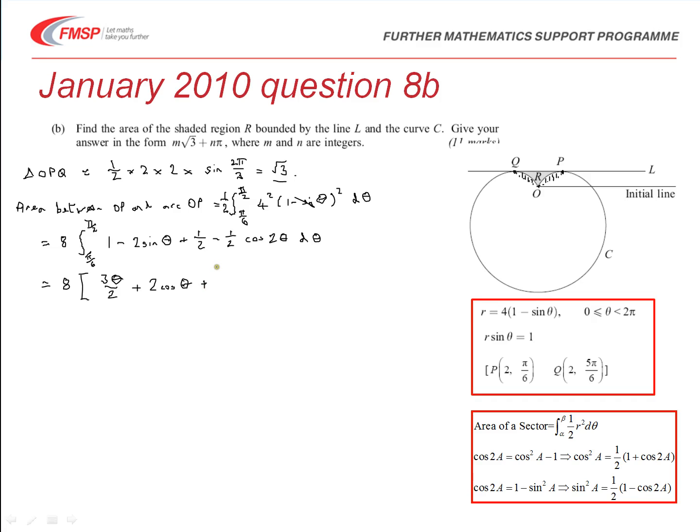No, I said it right the first time, this is minus, because the differential of sine is cosine, so to get the negative it would have to be negative there. So this is negative a quarter of sine 2 theta. And we need to evaluate these between pi by 6 and pi by 2.